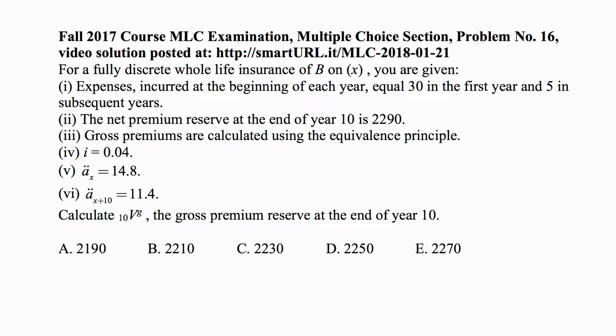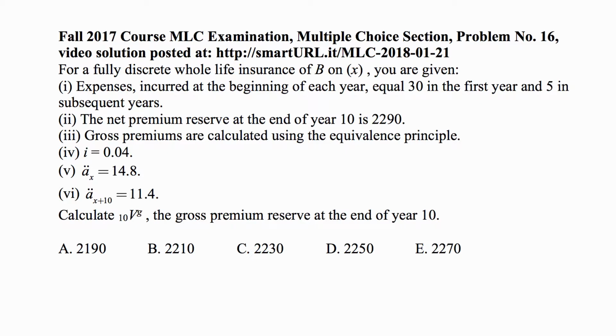So the reason why there is a benefit on net premium reserve is because the net premium is level, but mortality increases. Expenses go the other way around, first bigger then smaller, and because of that, expense reserve is negative.